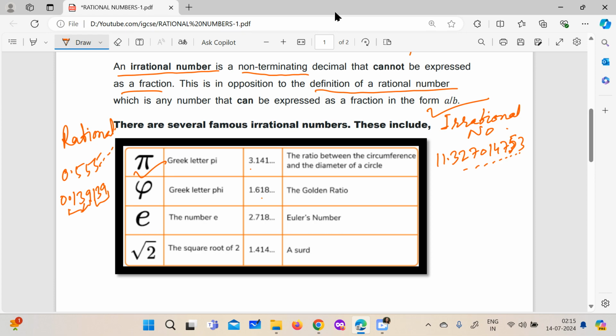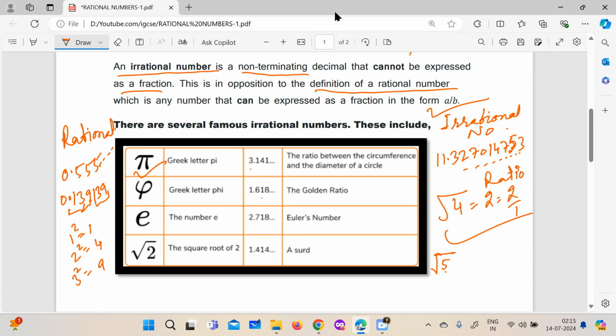Okay, now understand it this way. Suppose you have root 4. Root 4 is 2, and 2 can be written as 2 over 1. So this is a rational number. Now when we have to write root 5, see, 1 square is 1, 2 square is 4, 3 square is 9. Now you see that 5 falls between 4 and 9, but our square numbers are 1, 4, 9.